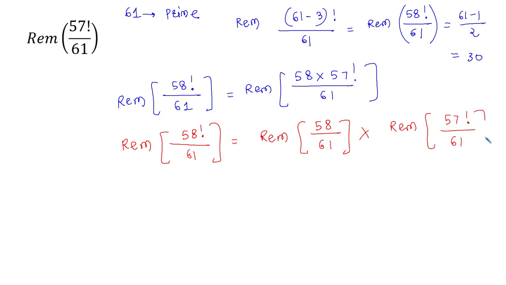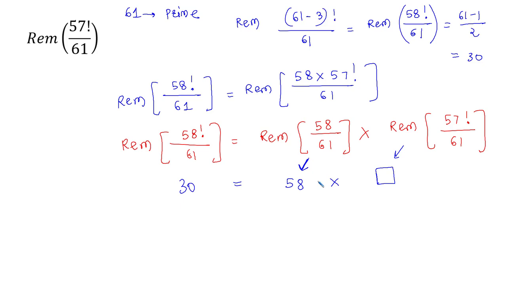So the remainder of 58 factorial divided by 61 is 30, which is equal to the remainder of 58 divided by 61, which is 58, into the remainder of 57 factorial divided by 61, which we don't know. So 30 is equal to 58 into something. That something will be a fraction, but a remainder cannot be a fraction.